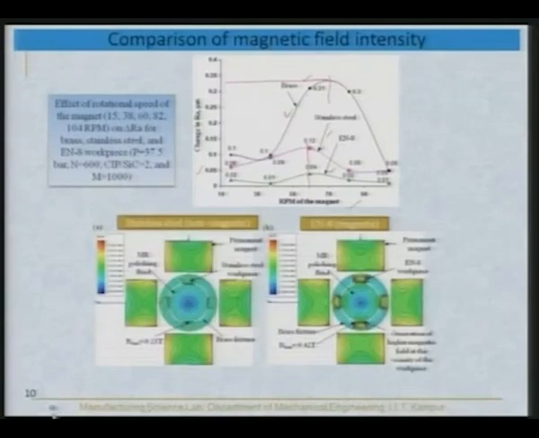Then we also tried to analyze the magnetic field using FLUID software, and you can clearly see the concentration of the magnetic field. In non-magnetic material it is more or less uniformly distributed, while in magnetic material it is concentrated in the area of the magnetic material, that is the workpiece, compared to the rest of the portion where it is less.